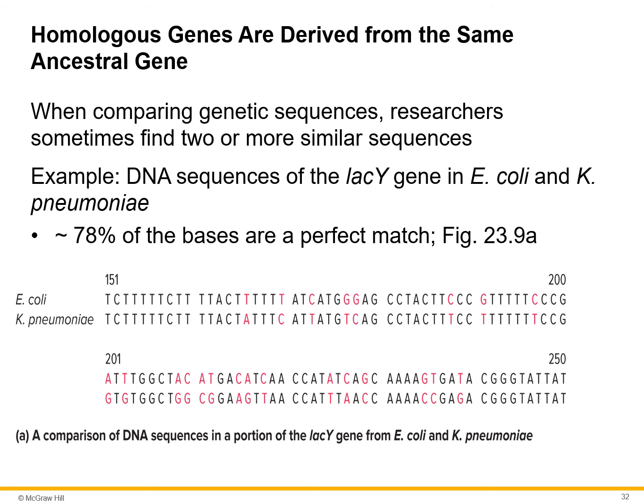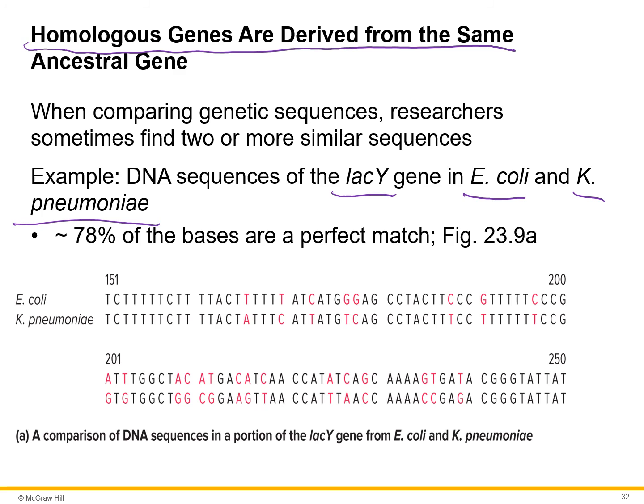It can look at whether it's homologous. And so homologous genes are those that are derived from the same ancestral gene. So here's an example of the LacY gene in E. coli and K. pneumoniae. I can never say that.